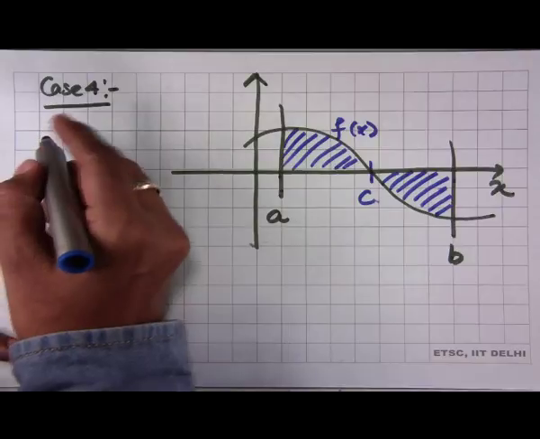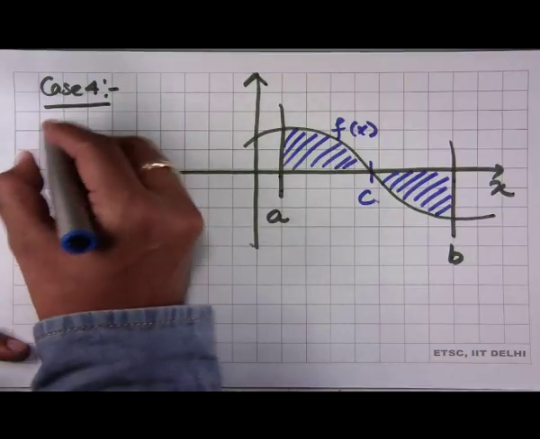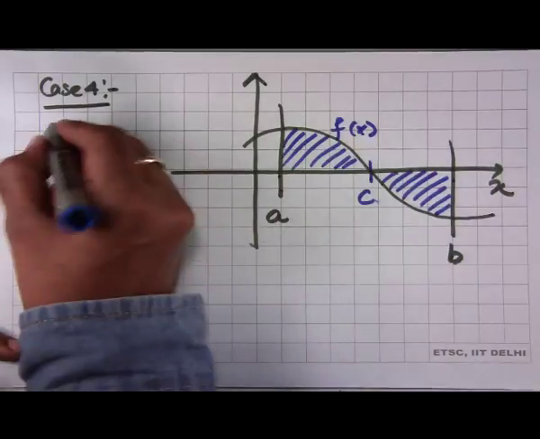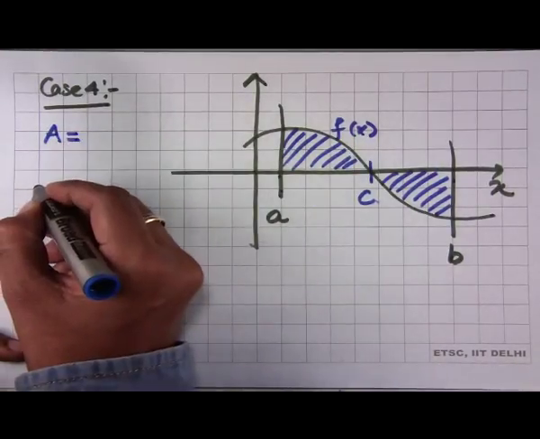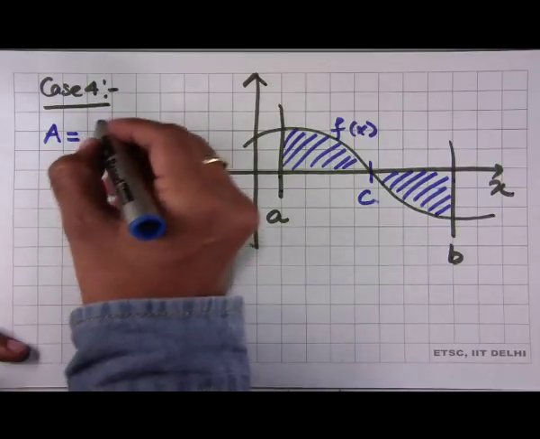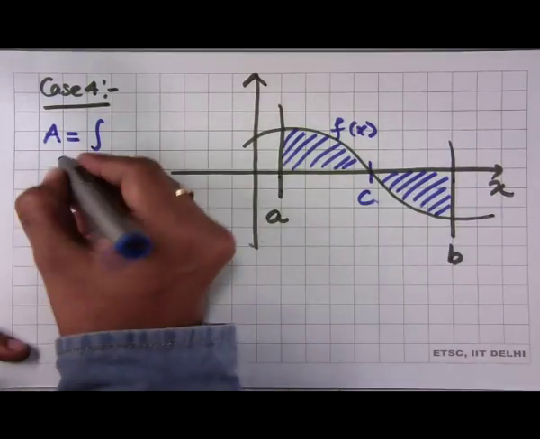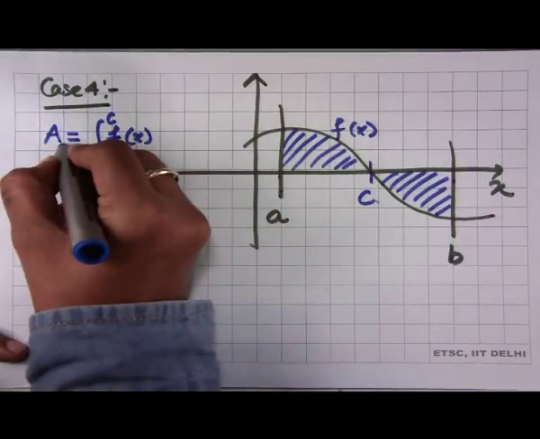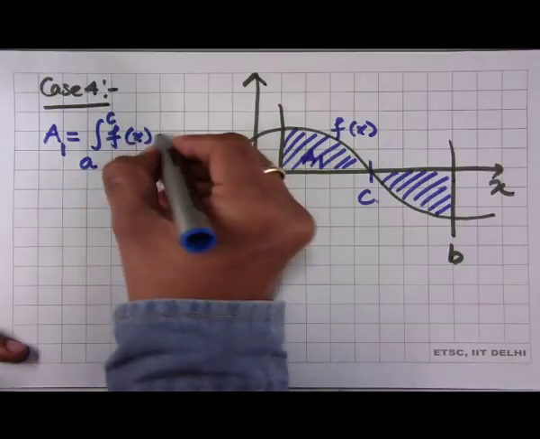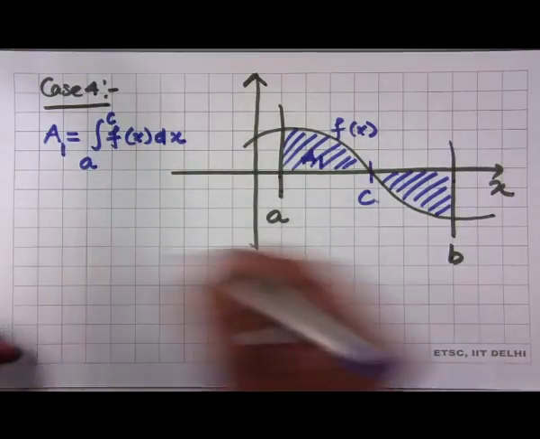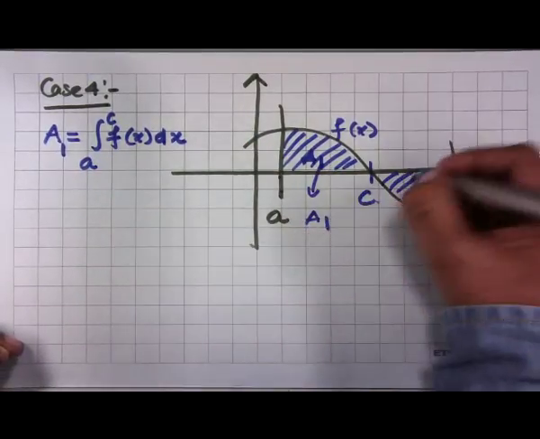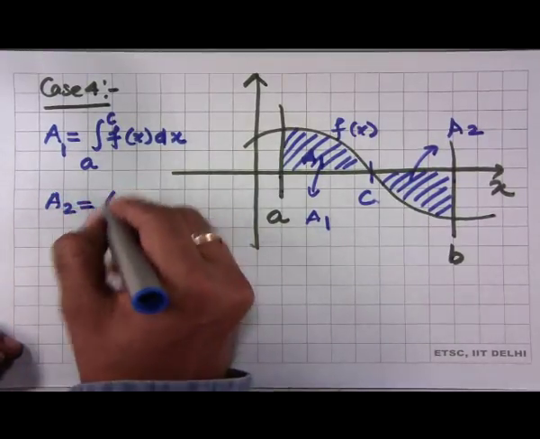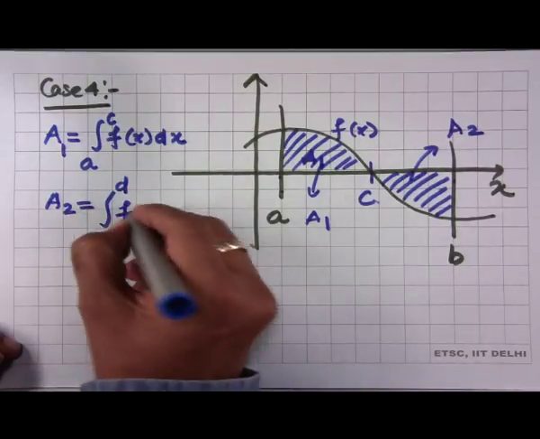So in this case, the total area A you will not be able to get by directly integrating it from a to b. So you have to integrate and get, say, area A1 from a to c. Say this is A1 and this area is A2, and you get area A2 by integrating it from c to b.